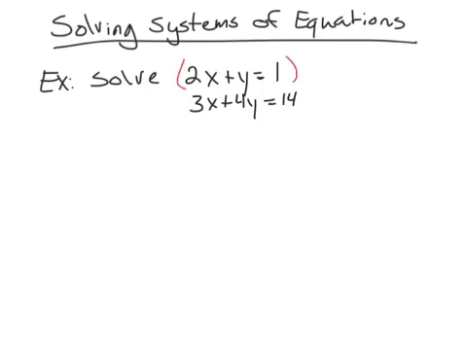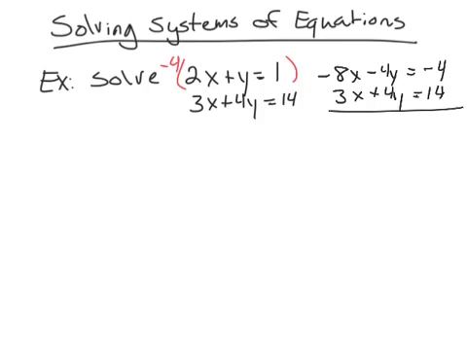So if I multiply the top equation, that now becomes -8x minus 4y is equal to -4, and 3x plus 4y is equal to 14. If you add them together, you get -5x is equal to 10, so x is going to be equal to -2.